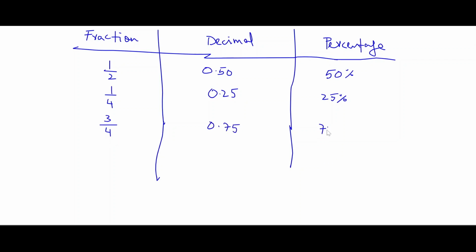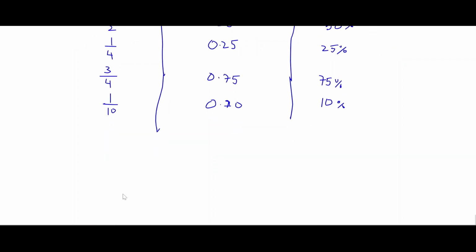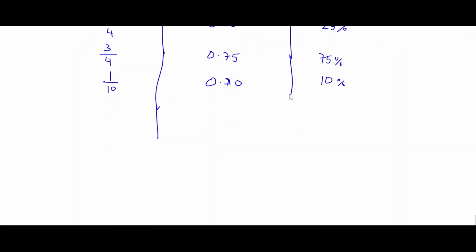In percentage, it's 75%. There are some others. 1 by 10 is 0.10, or 10%. 1 by 5 is 0.20, or 20%.